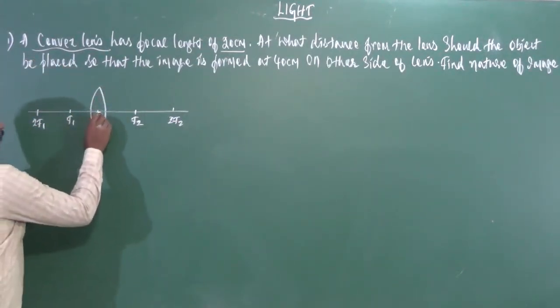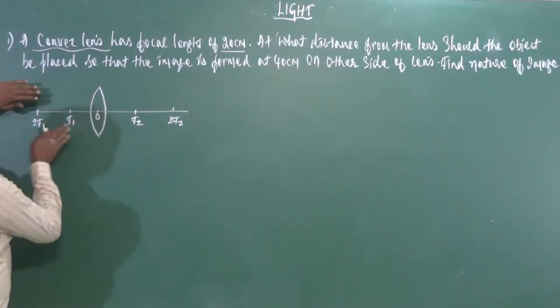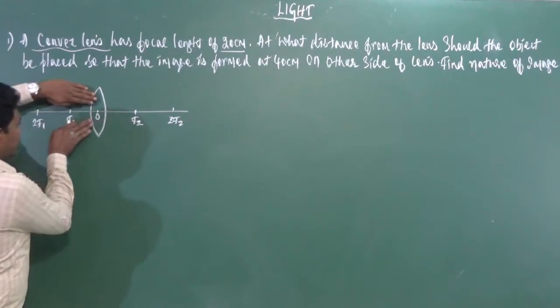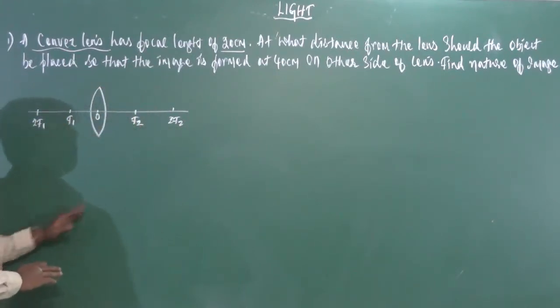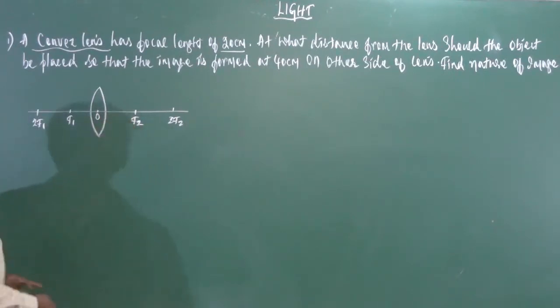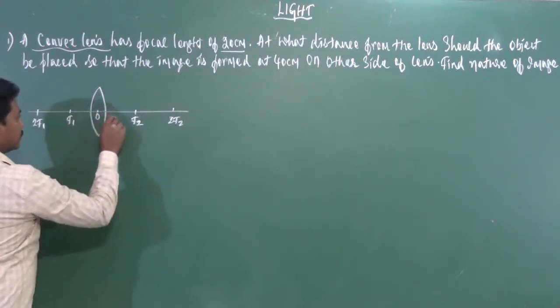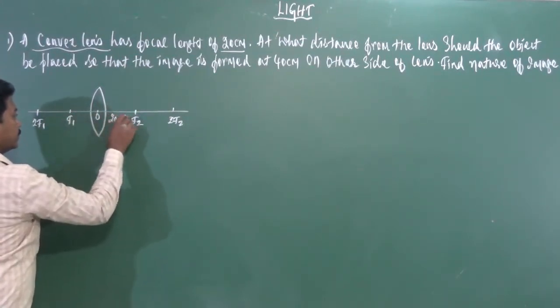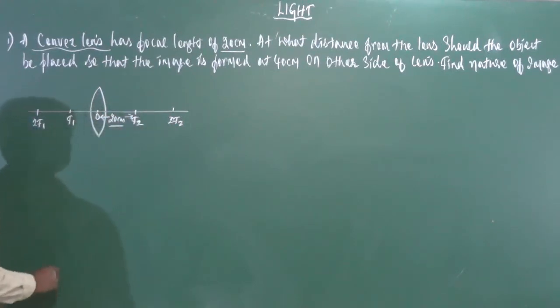Focal length is always taken from the optic center to the principal focus, because in a convex lens, light rays traveling parallel to the axis converge at a point on the principal axis. That point is called the principal focus, and we call it F2. So the distance from the optic center to F2 will be 20 centimeters, because that is the focal length.